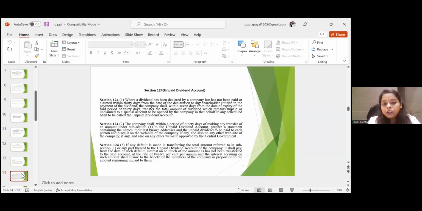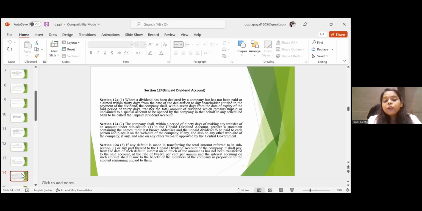That needs to be on the website of the company, if any, or any other website approved by the Central Government, within 90 days from the date of payment into the unpaid dividend account.